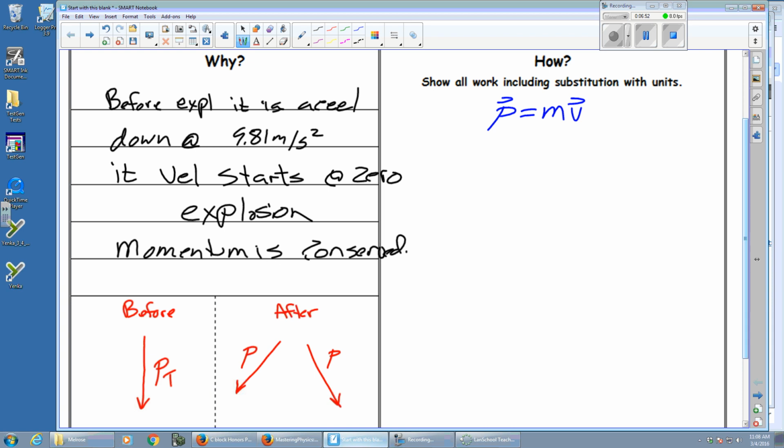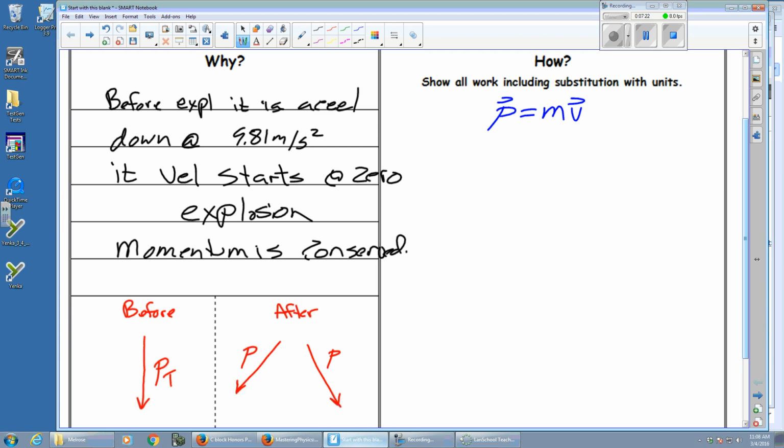So in other words, if p total is 10, does that mean each p is 5? No, because the direction matters. So they're not going to be 5. Think of them as the legs of a right triangle. We know the legs add up to the hypotenuse, but not 1 plus 1 type adding. The direction matters. So we need to break this down a little bit more.